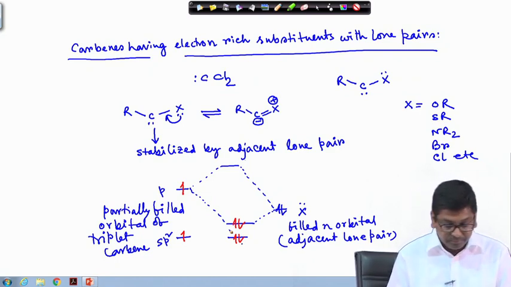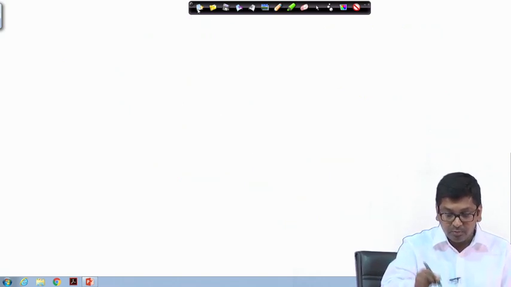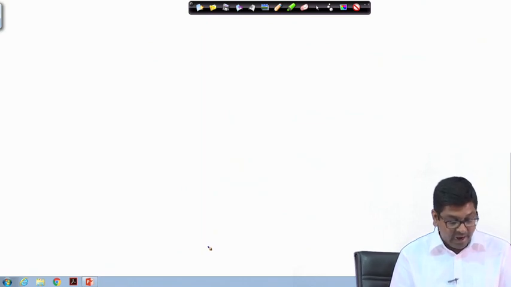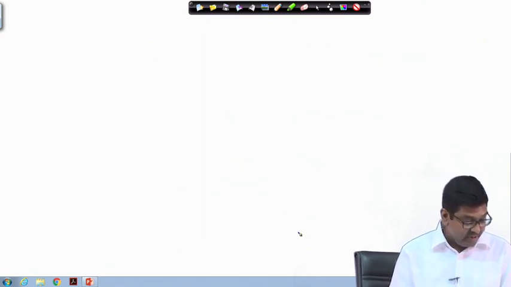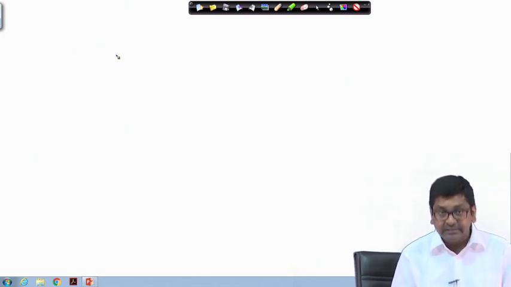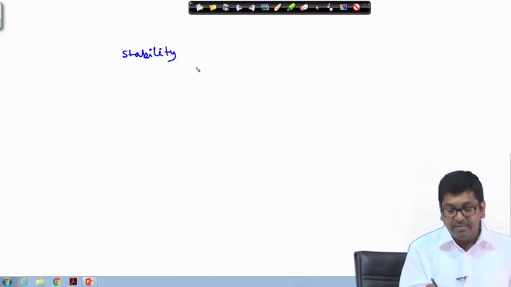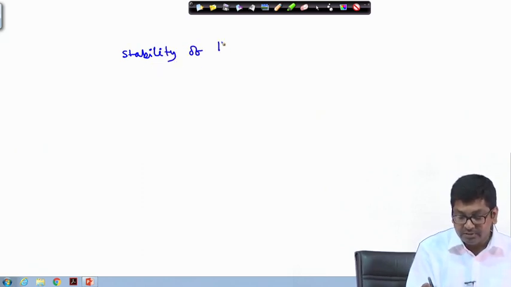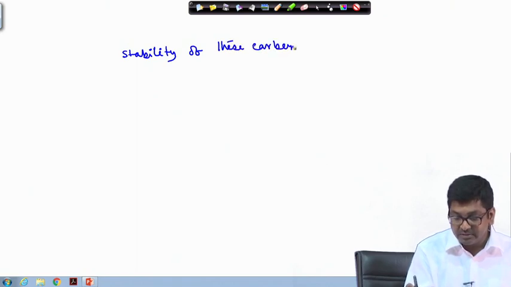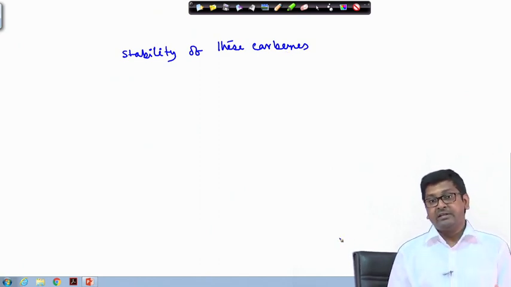Okay. So, now depending upon the adjacent substituents, how many types of carbenes can there be? As we already mentioned, the stability of these carbenes depends on their substituents.